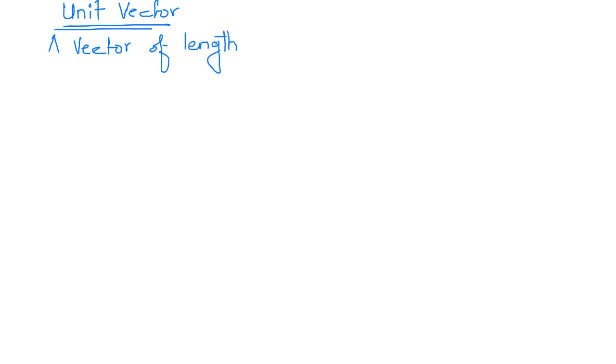A unit vector is a vector of length, for example, you say the length or the magnitude or the norm, equal to 1. That is called the unit vector.